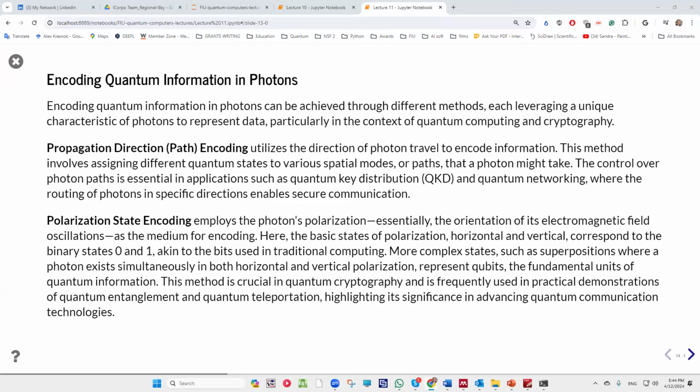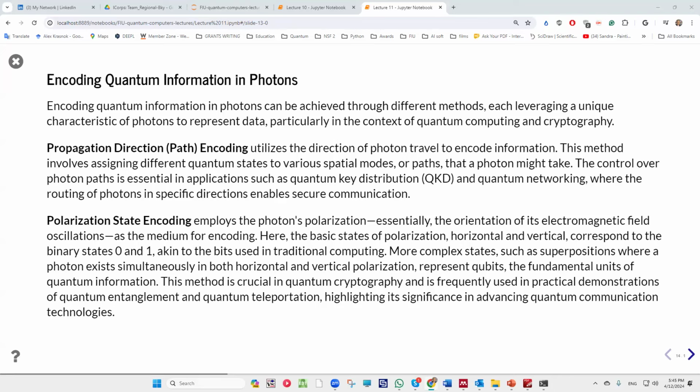In order to encode the information into the state of a photon, we can basically use any physical quantity that can acquire two drastically different states. One approach is to use just the path, the propagation direction of a photon.